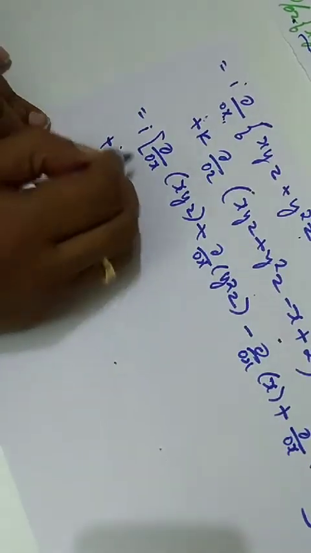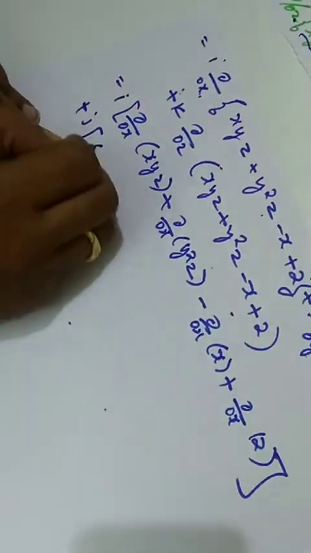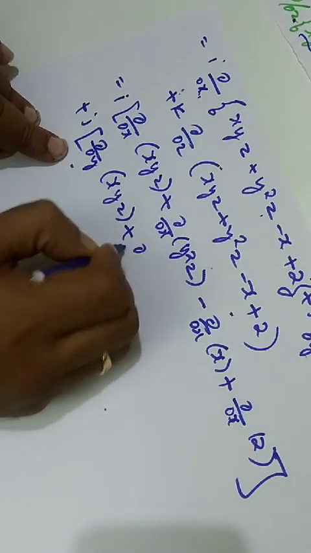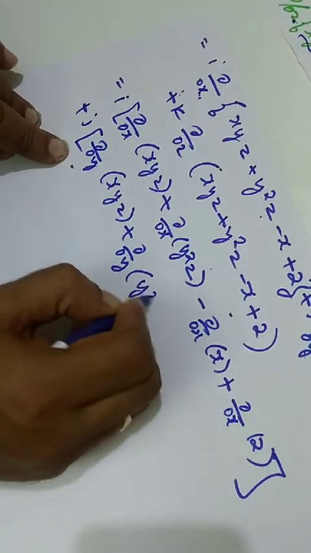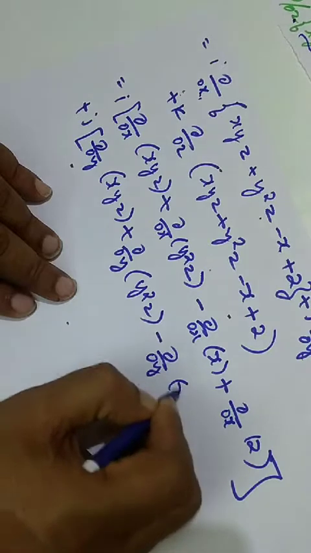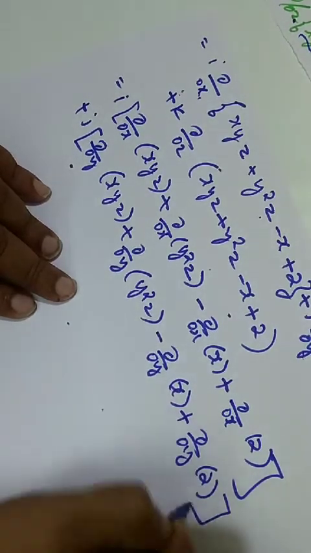Next, plus j into with respect to y: dou by dou y of xyz plus dou by dou y of the second term y squared z minus dou by dou y of x plus dou by dou y of 2.